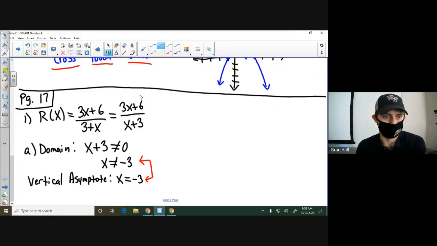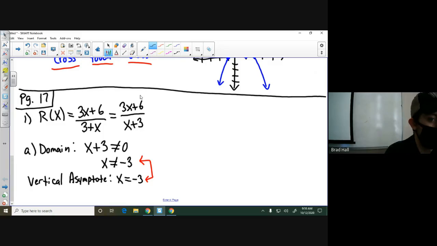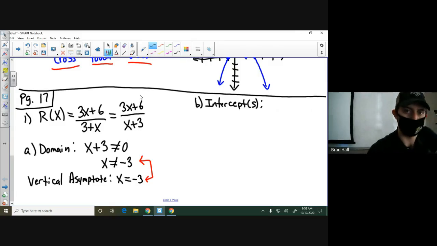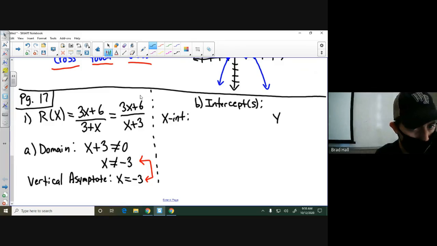Let's move on to the intercepts. Well, there are two types of intercepts. There's the x-intercept, of course, and we'll go ahead and prepare the y-intercept.